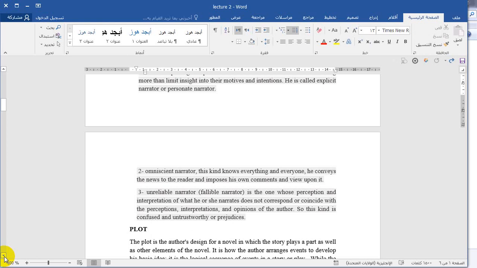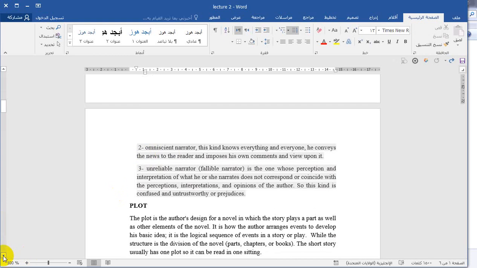So this kind of narrator affects our understanding of the story, and affects our judgment on the characters' behavior and personality. That's why this kind of narrator is very important. I mean, only an intelligent writer uses such a narrator, because it helps the reader to solve certain things.